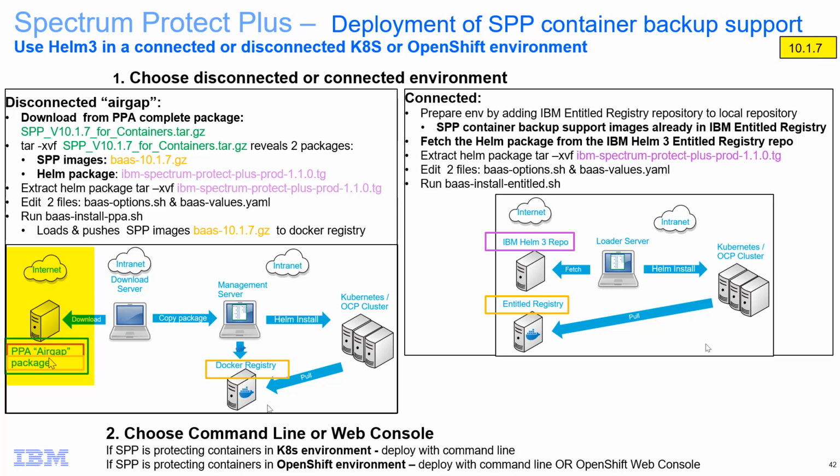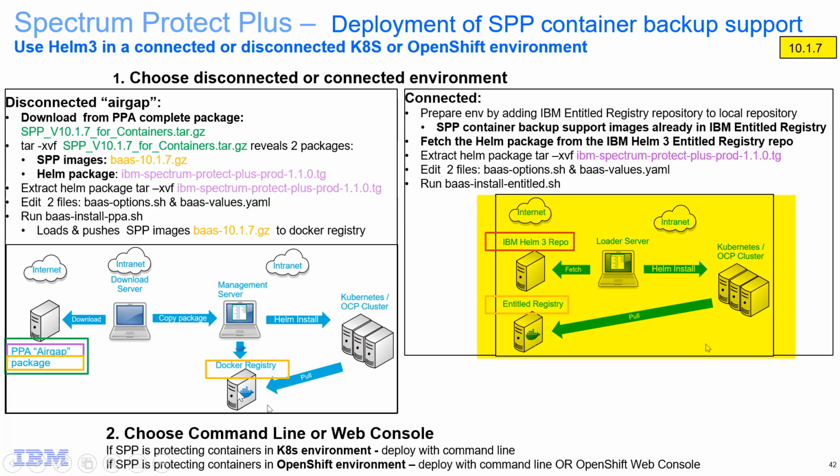They're pulled down as a zipped-up package from Passport Advantage, and then we extract those two packages and install the Helm information, and take the Spectrum Protect Plus container backup support application pieces and put them on a local Docker registry so that they can then be installed into the environment.